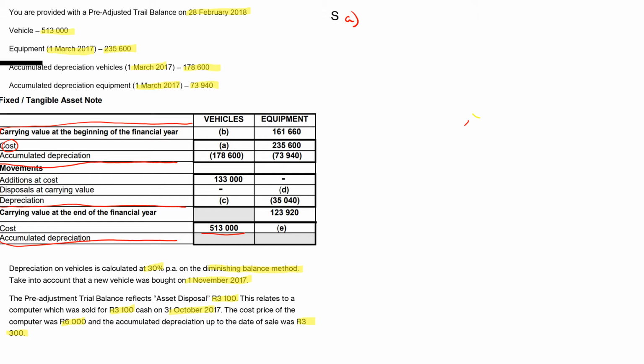The movement was an addition of 133,000. For us to get A, we need to get how much the balance was before we added 133,000.